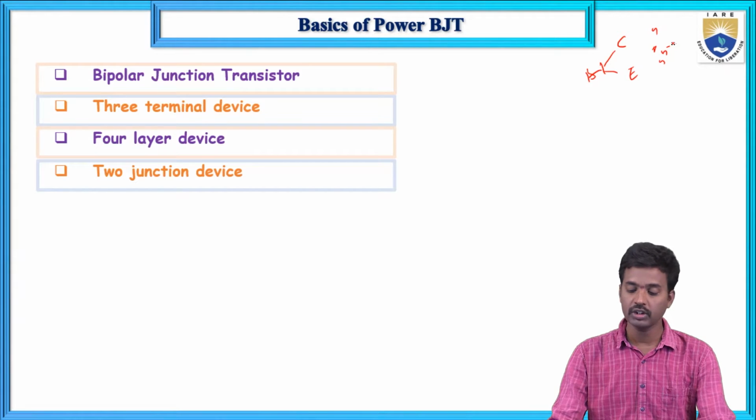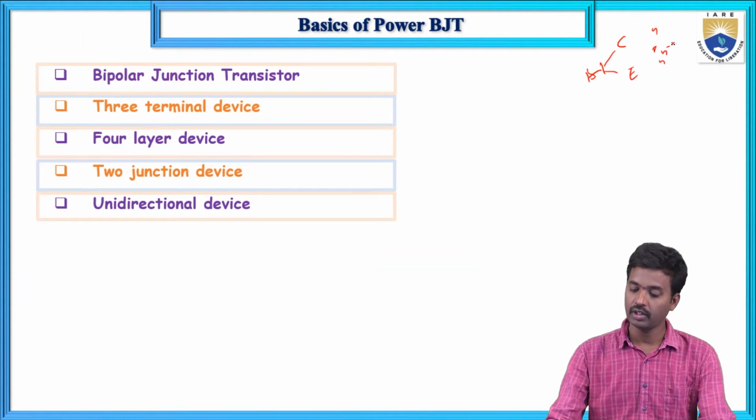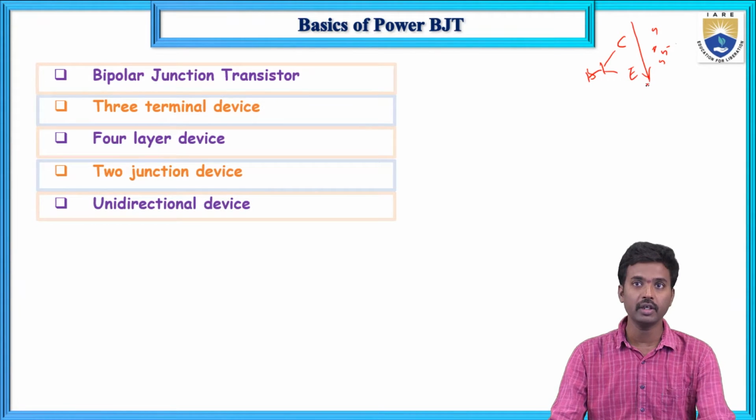One is the collector base junction and the other one is the base emitter junction. It is a two junction device, and next it is a unidirectional device. It allows only one directional current, meaning its current always flows from collector to emitter. So it is not a bidirectional device.